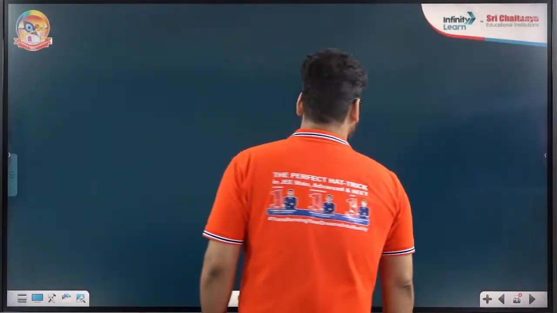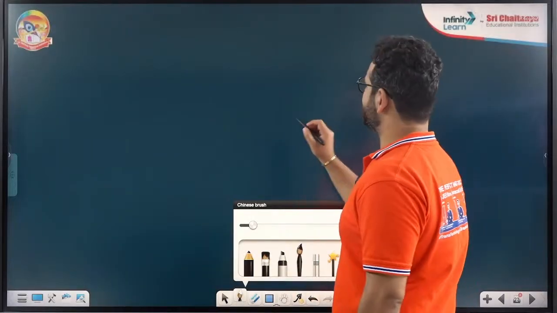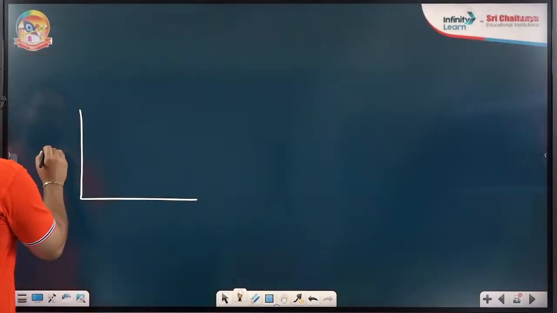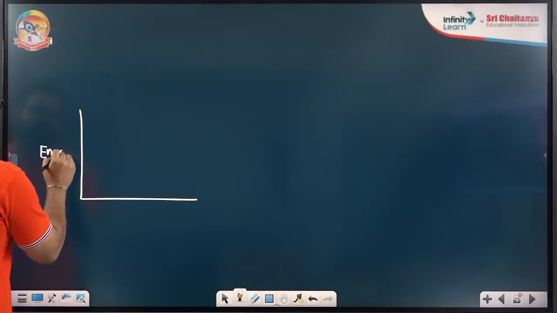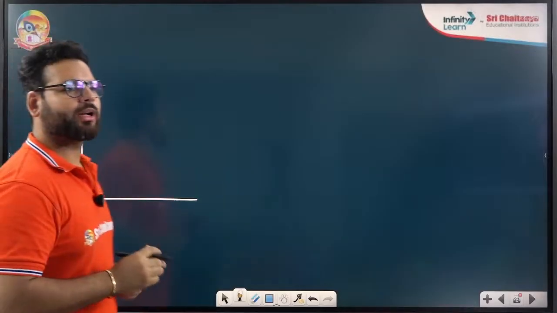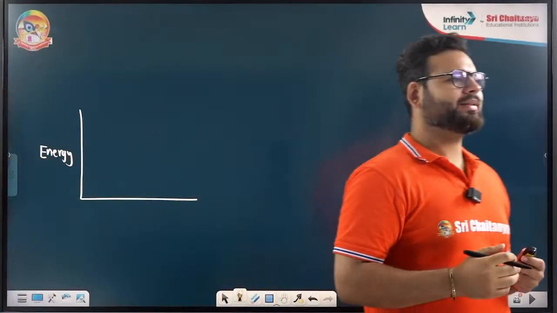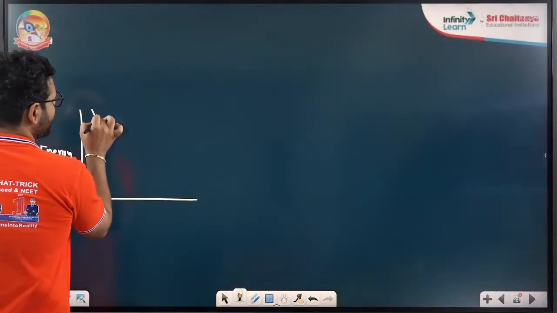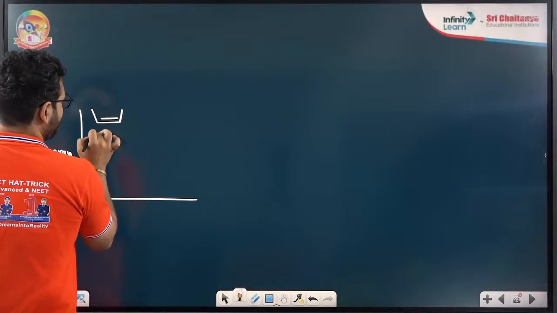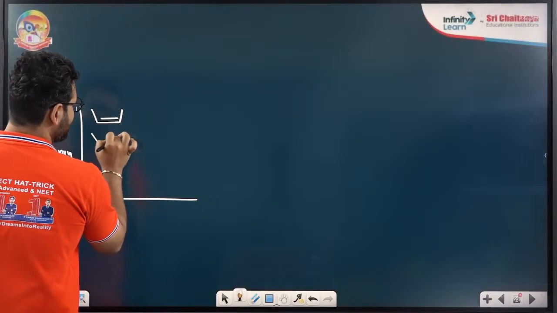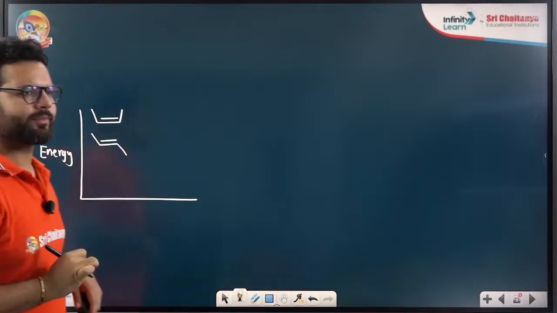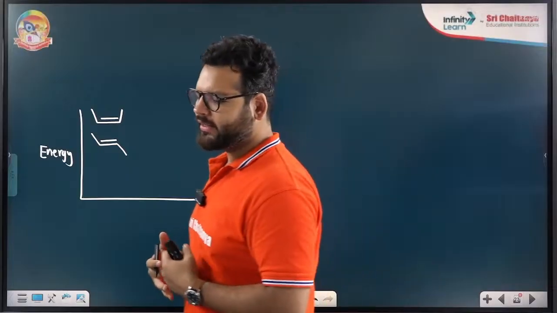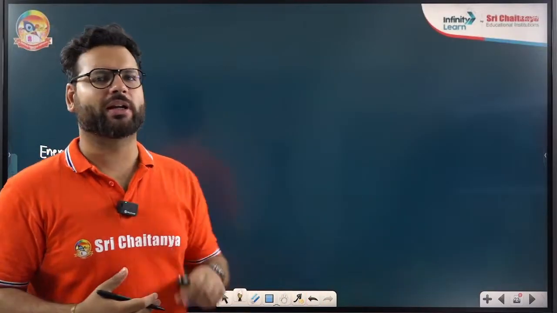Let's say this is the energy level diagram I am making. This is energy. We know that potential energy is inversely proportional to stability. So cis-butene is unstable, meaning it is more energetic. Trans-butene is stable, meaning it is less energetic. Cis is here, trans is here. Heat of hydrogenation means how much heat is released when I add hydrogen into an alkene.